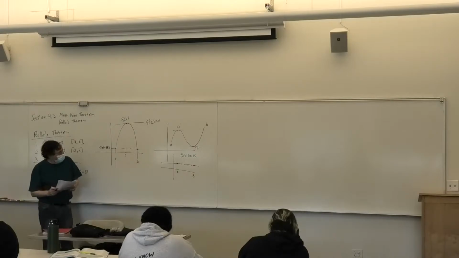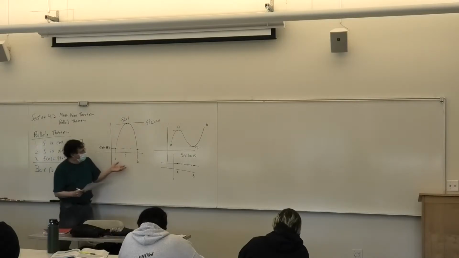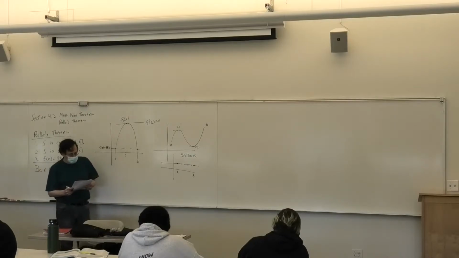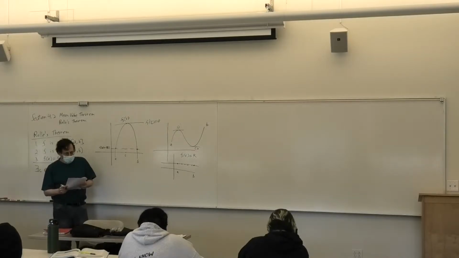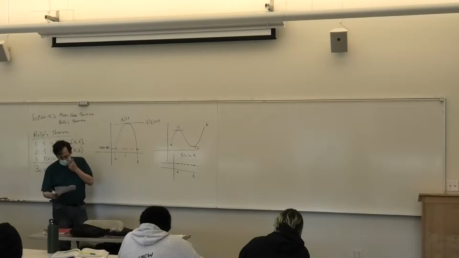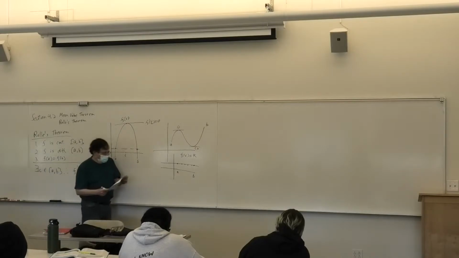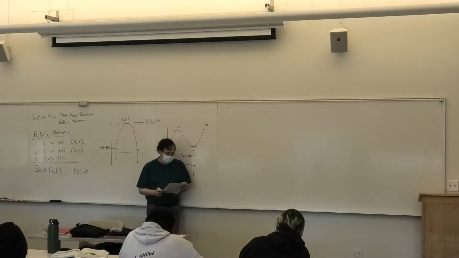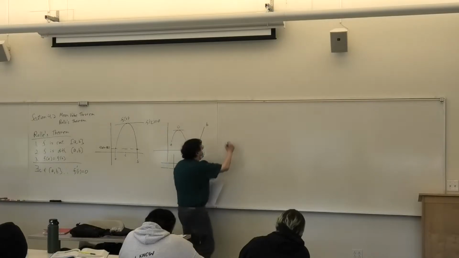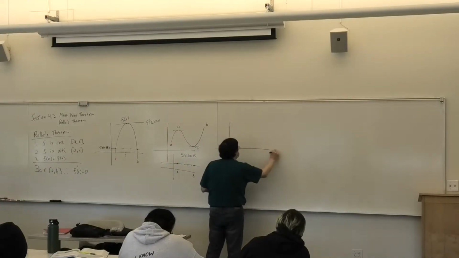All right, so it'd be nice to have some idea why this is mathematically true. So we're going to just go through a very loose version of the proof. So we take some function.